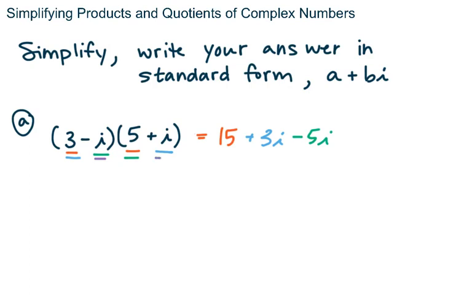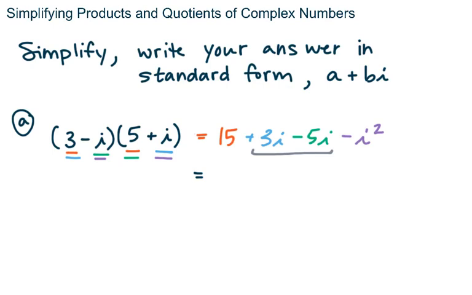And my last terms, negative i times positive i, that would be negative i squared. So as we move through this problem, we should recognize that we have some like terms which we can combine. So we've got 15 plus 3i minus 5i minus i squared.